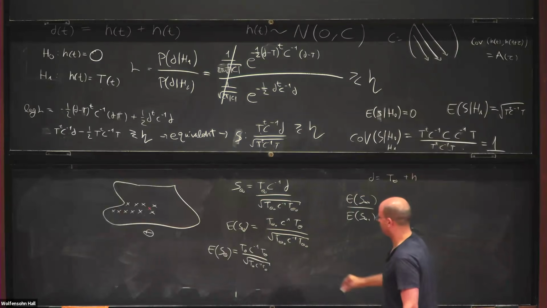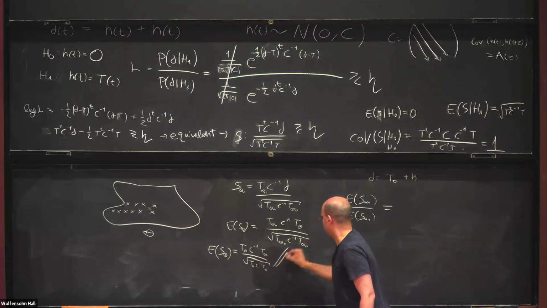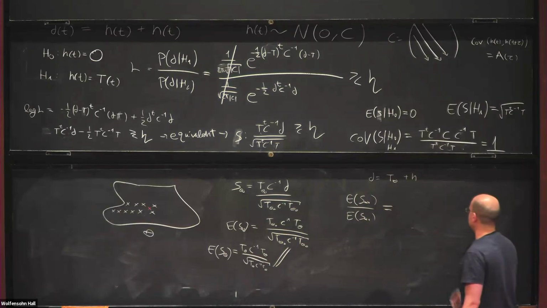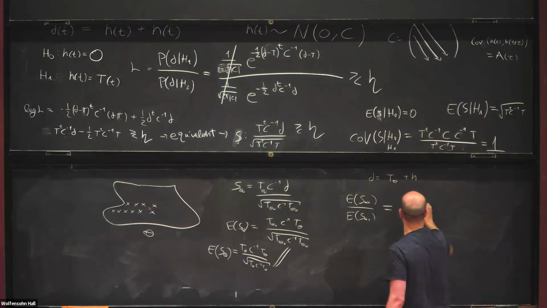And let's assume that these two things are equal, the denominator, okay? So that's going to be t(theta 0)^T C^-1 t(theta) divided by the square root of t(theta 0)^T C^-1 t(theta 0) multiplied by t(theta)^T C^-1 t(theta).